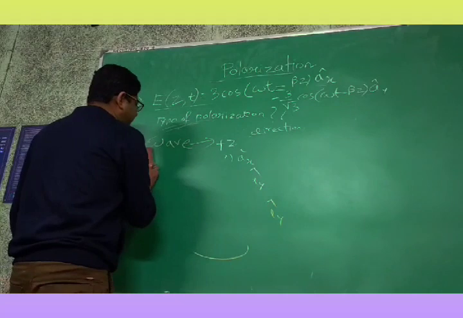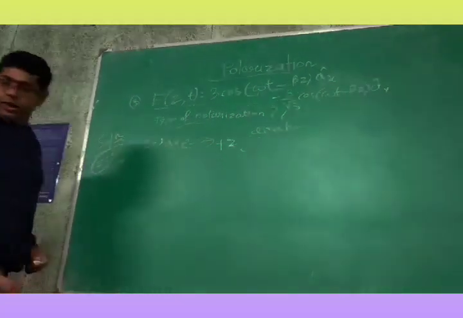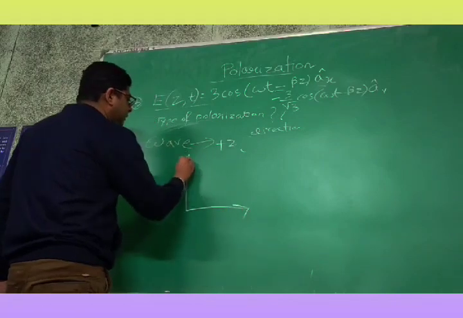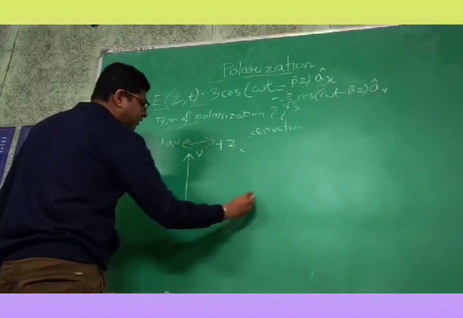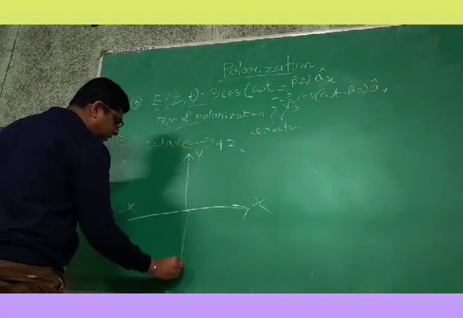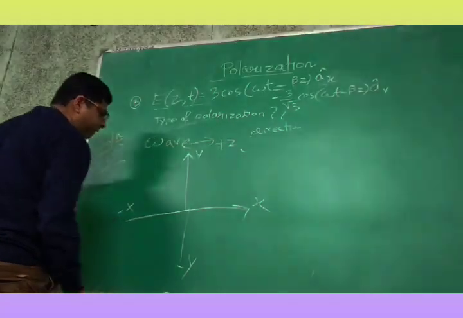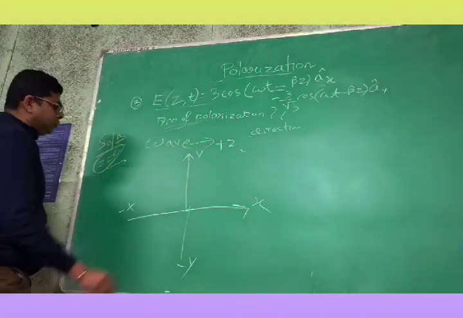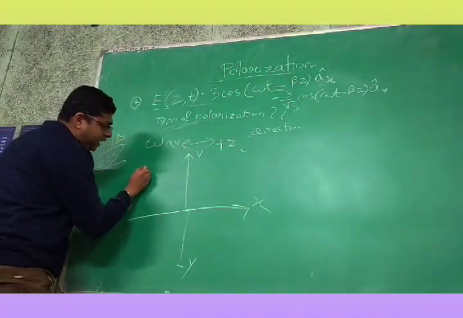This is where you can draw. This is y, this is x. This is minus x, this is minus y. So linear means it will be like this.